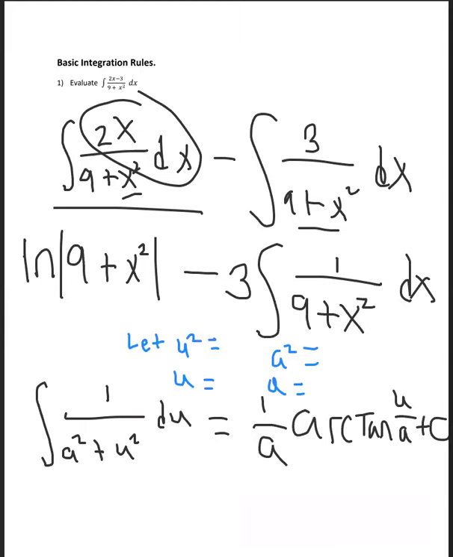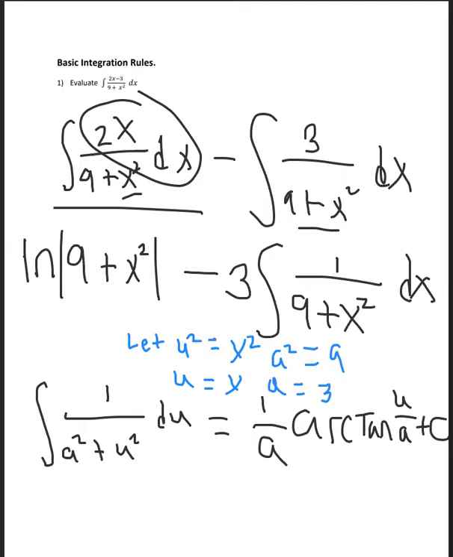Yeah, u squared is x squared, so what's u? x. And what's a squared? 9. And what's a? 3, yeah. So now that we have everything in place, it's really easy to plug things in.